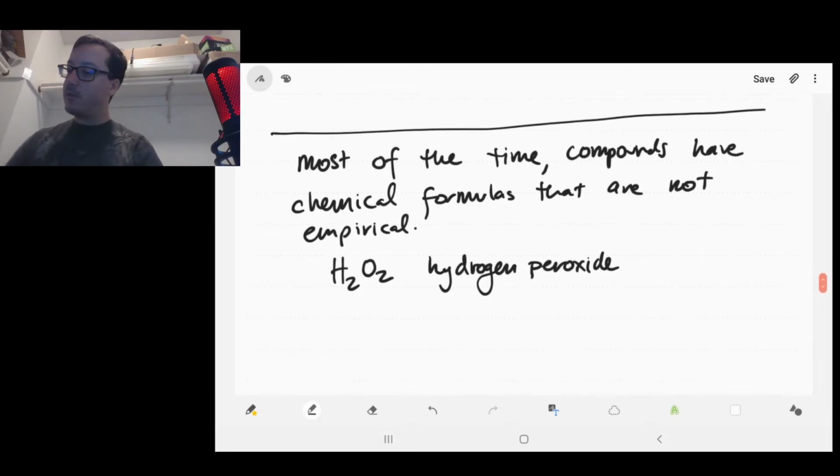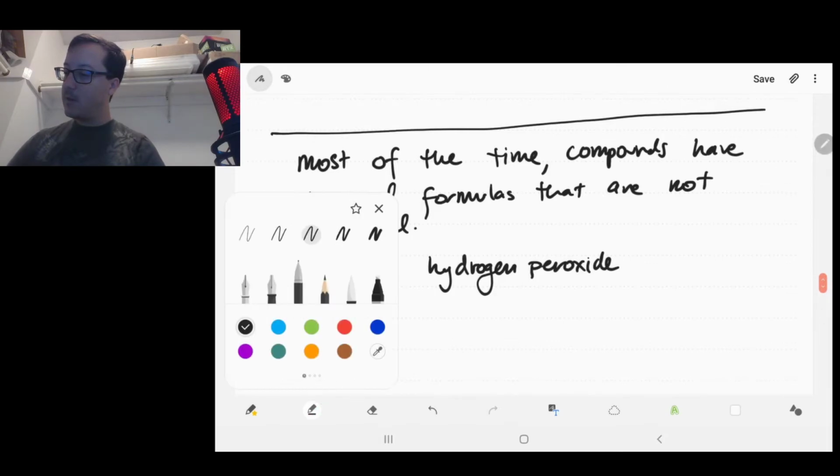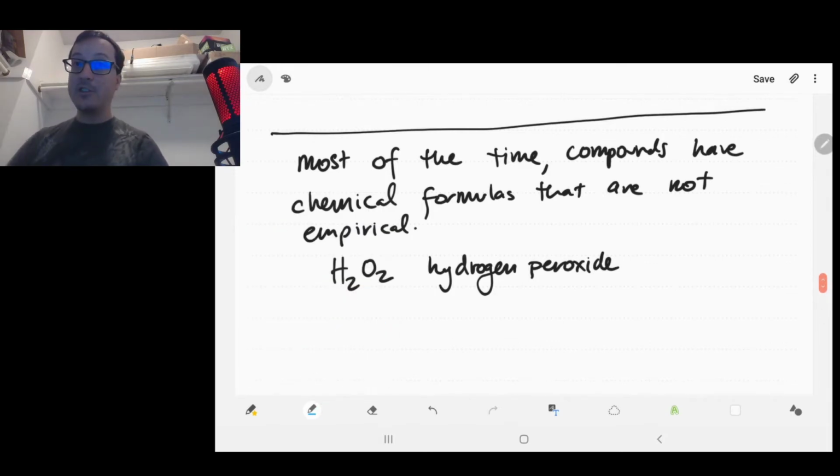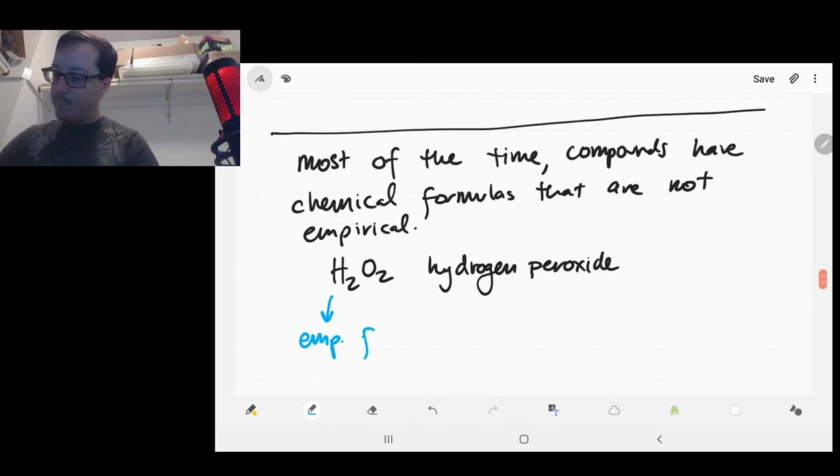Remember, an empirical formula must always be the lowest ratio. So 2 to 2 is not the lowest ratio, right? The empirical formula for this would be just HO, right?